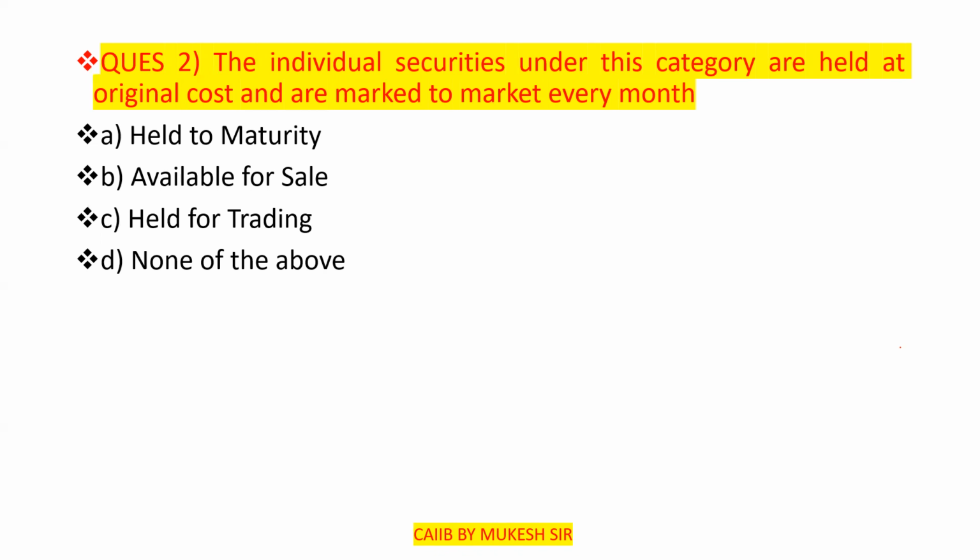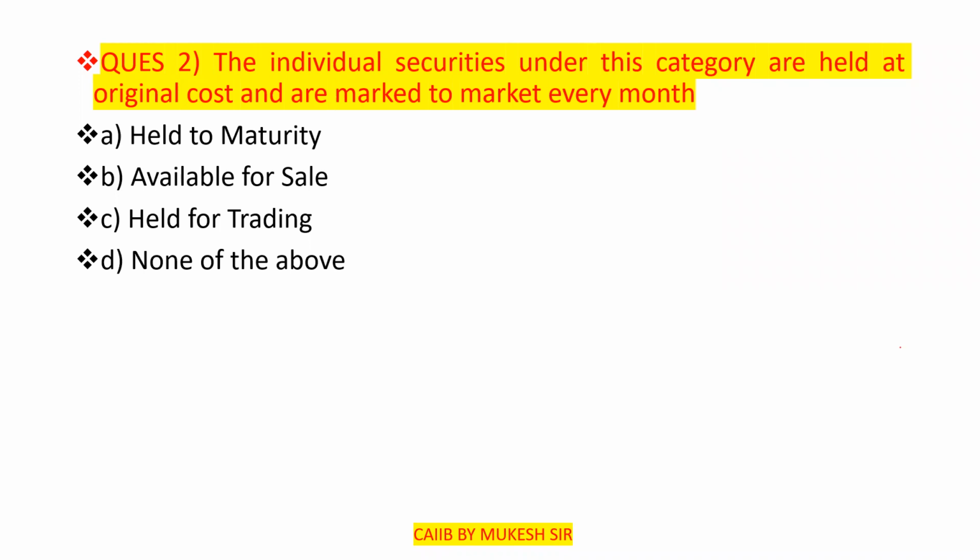The options are held to maturity, available for sale, held for trading, or none of the above. So what is the correct answer? The individual securities under this category are held at original cost and are marked to market every month.